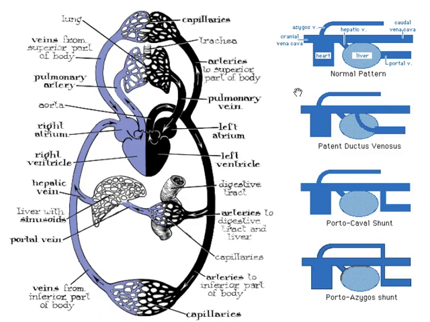In the first instance, we have a patent ductus venosus, which is not closed. Below, we have a shunt that has developed directly between the portal vein and the caudal vena cava, bypassing liver, and another version would be a shunt that develops between the portal vein and the azygous vein, and that would allow blood to bypass the liver.